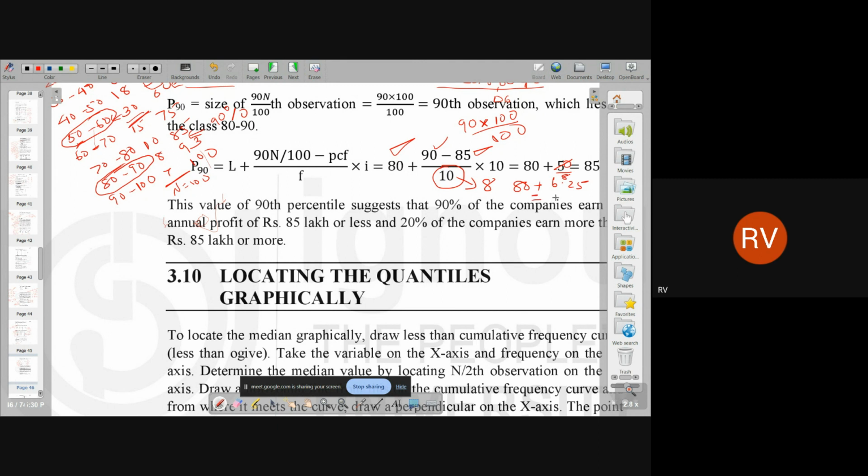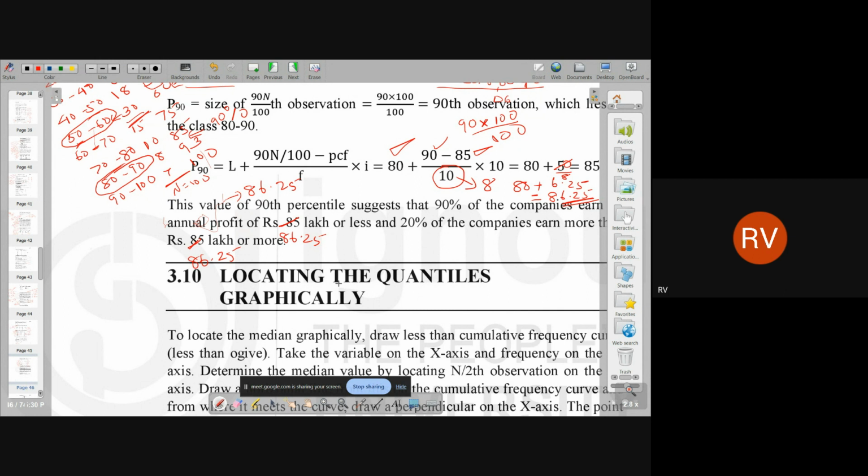Then the correct value is 86.25. This value of the 90th percentile suggests that 90% of the companies earn an annual profit of 86.25 lakhs or less, and 10% of the companies earn more than 86.25.